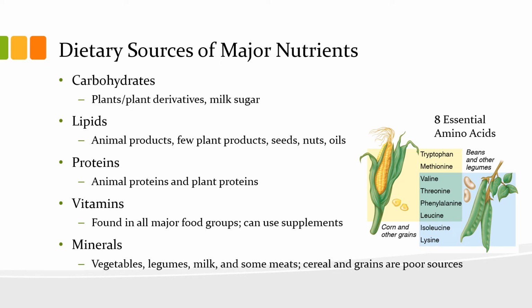Vitamins. Vitamins are organic nutrients of various forms that the body requires in small amounts. Most vitamins function as coenzymes or parts of coenzymes, meaning that they act with an enzyme to accomplish a particular type of catalysis. So they act as a part of a catalyst.